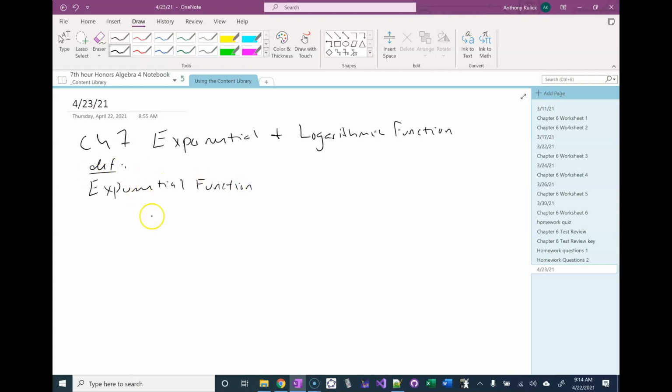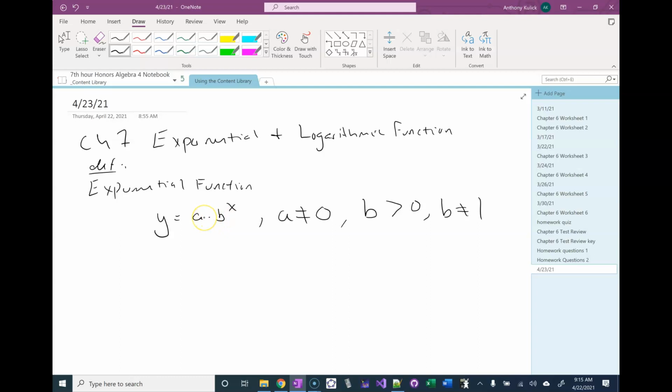is something of the form y equals a times b to the x, where a is non-zero and b is greater than 0 and also not equal to 1. Now, a needs to be non-zero because if a is 0, then 0 times anything is 0, and you just have a constant function.